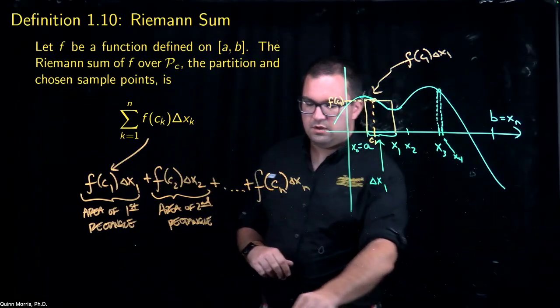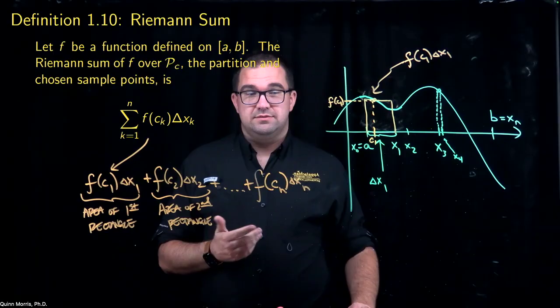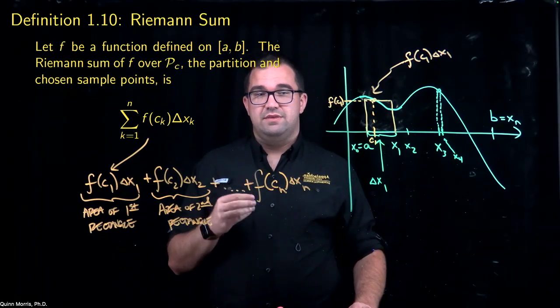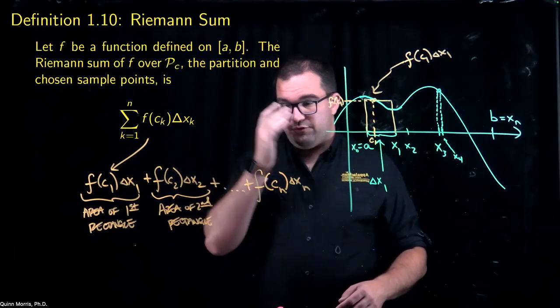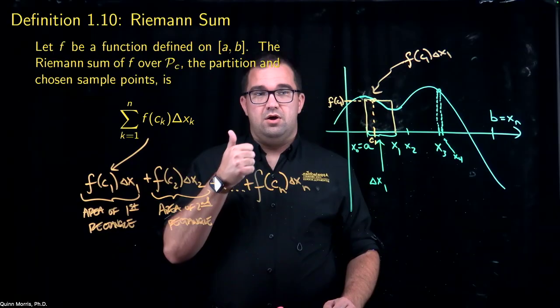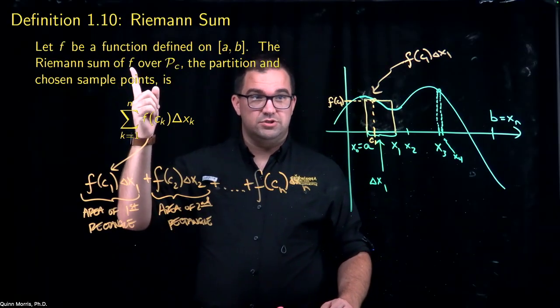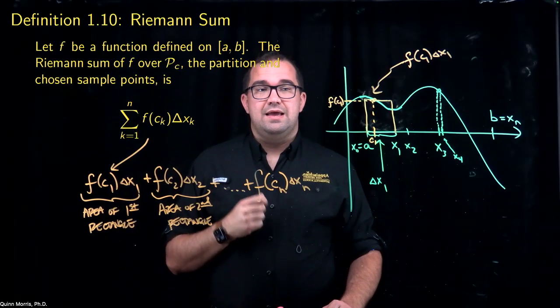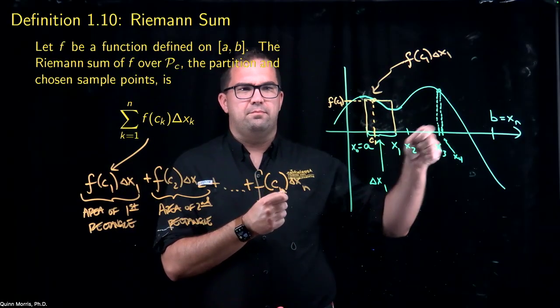Now, there are two ways to think about this. The way you often think of this in a calculus course is, first of all, it's often stipulated that all the functions you're dealing with are continuous. Notice that we're making no such assumption here. And it's also usually stipulated that you're going to take a uniform partition.